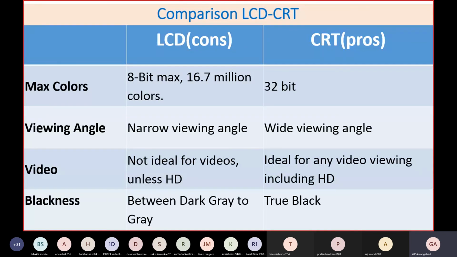Now next time, in tomorrow's lecture, I will cover the video driver. That means how exactly your video signals are taken into RAM and how from this RAM they are converted into RGB and given to your VGA terminals, and how VGA is responsible. Once the signal comes to VGA, VGA contains three analog signals, and when these are given to the appropriate display devices, the rest of the display part is taken care of.